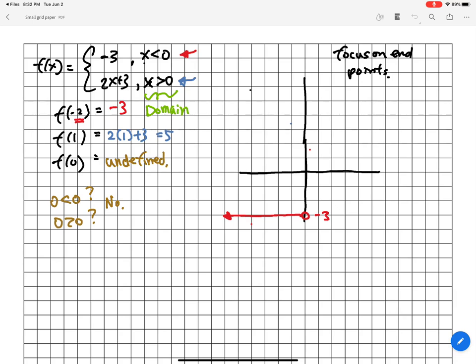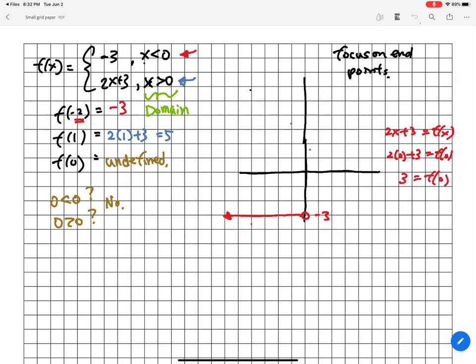And for the second equation, 2x plus 3, I'm just going to pretend I'm going to graph 2x plus 3, but I need to figure out what happens at x equals 0. If I plug in 0, I get 2 times 0 plus 3, which is 3.